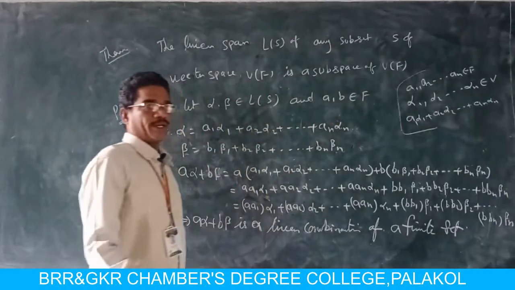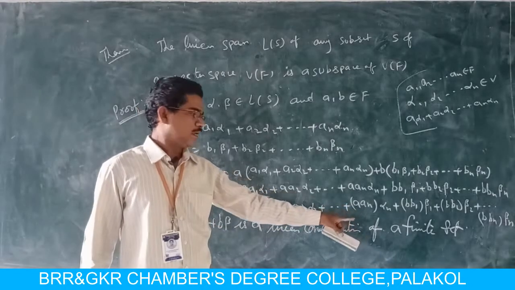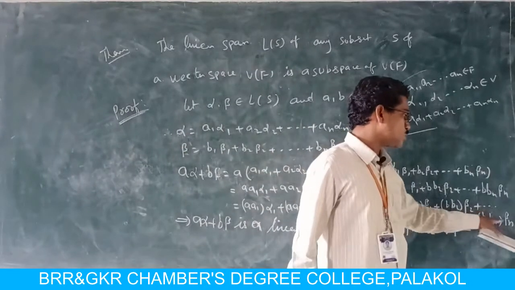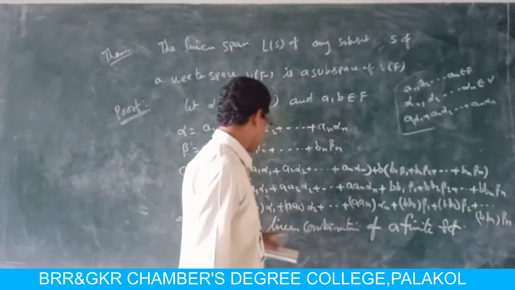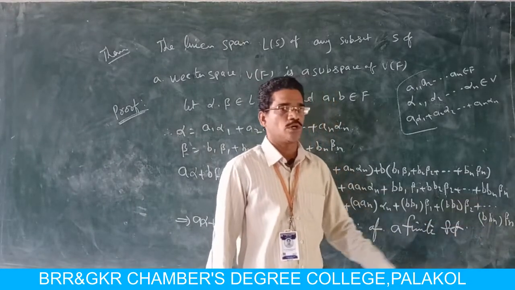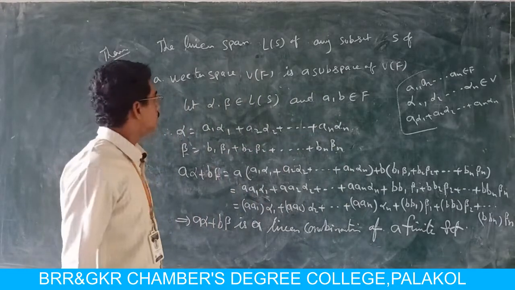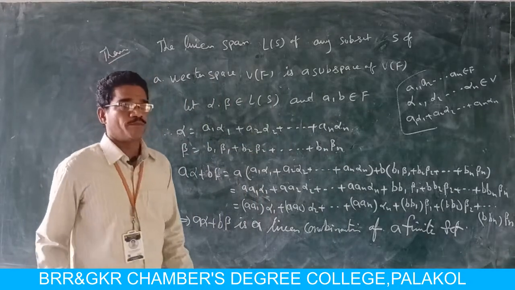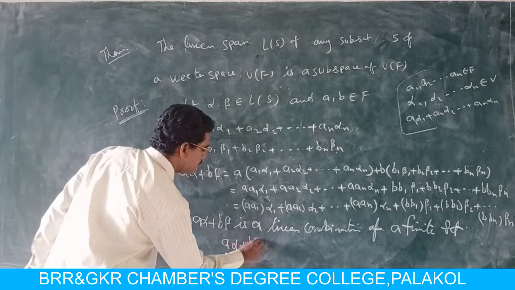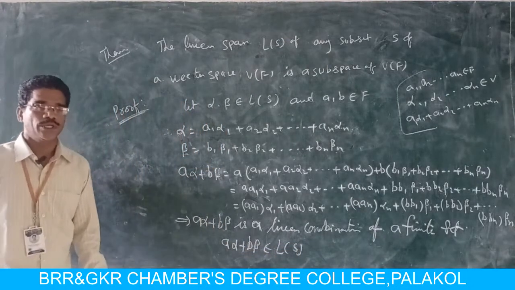Hence here alpha 1, alpha 2, so on alpha n and beta 1, beta 2, so on beta n, that means vectors, are the elements of S. Then a alpha plus b beta belongs to L of S.